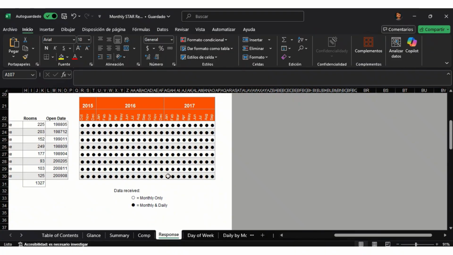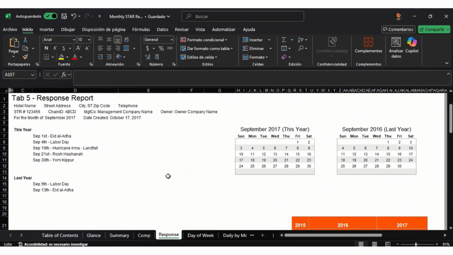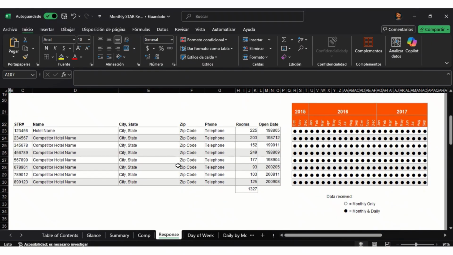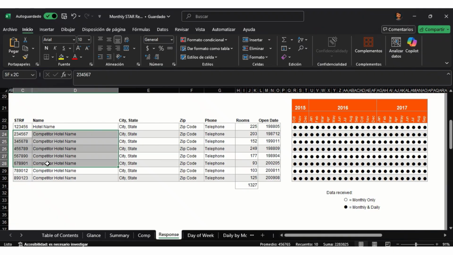Well, in the fifth one, we have the response tab. This one tracks how many hotels submitted data for each period within the competitive set or market, shown with both current and historical response percentages. For example, we have the competitive set of this hotel. It's 6 competitors, 7, and all of them give data monthly and daily, as we show here.